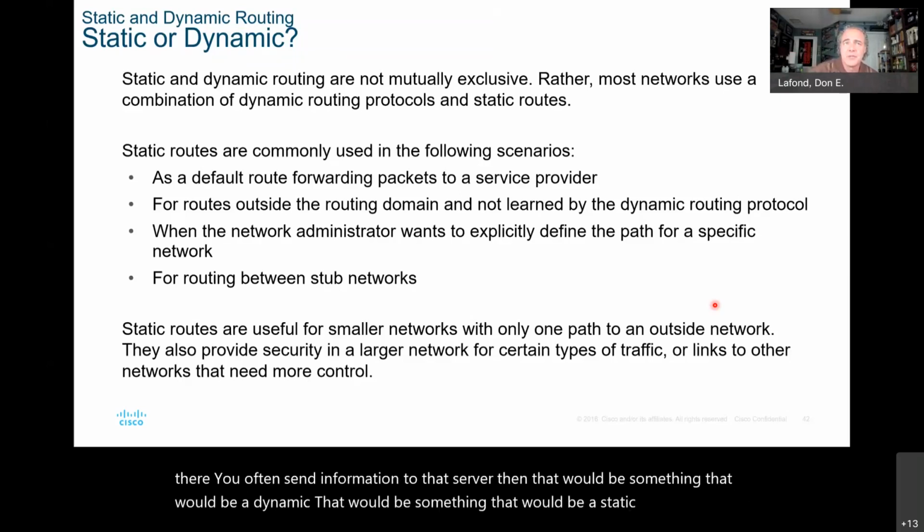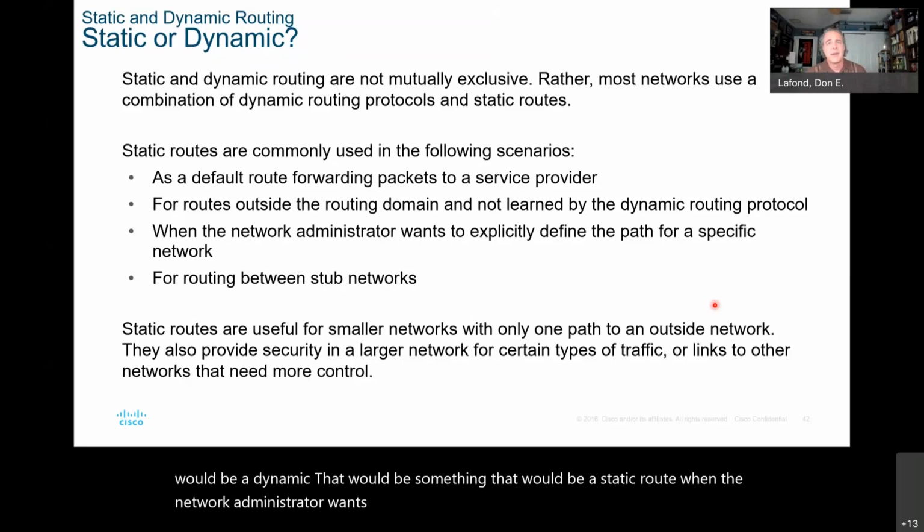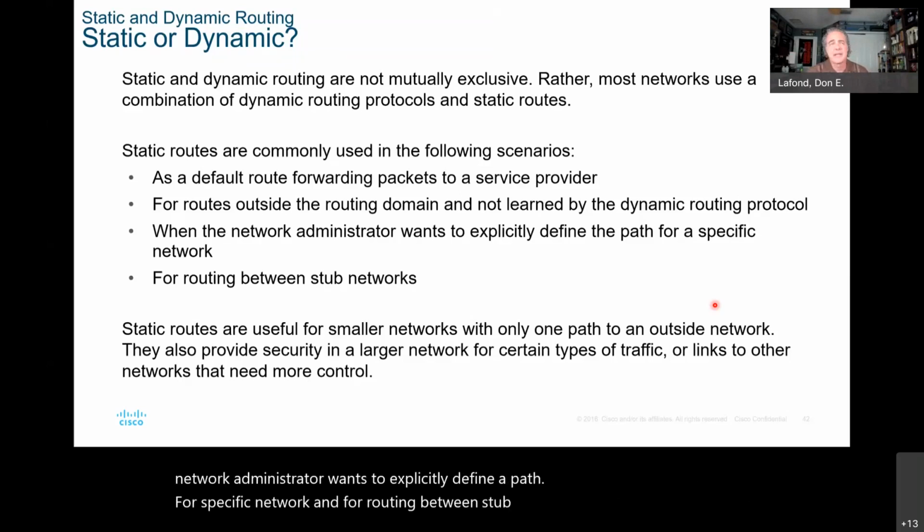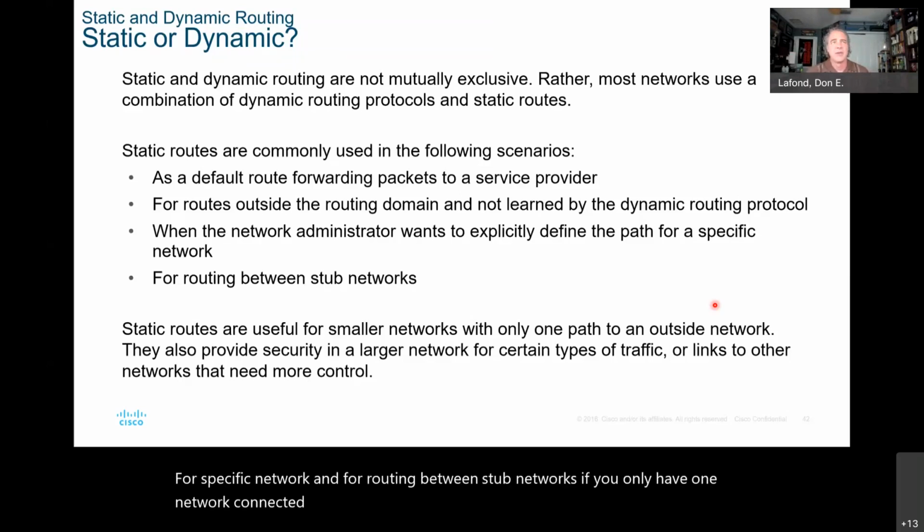Also when the network administrator wants to explicitly define a path for a specific network, and for routing between stub networks. If you only have one network connected, you set a static route as the default route because it's not going anywhere else on the router. It's only going through that one interface.